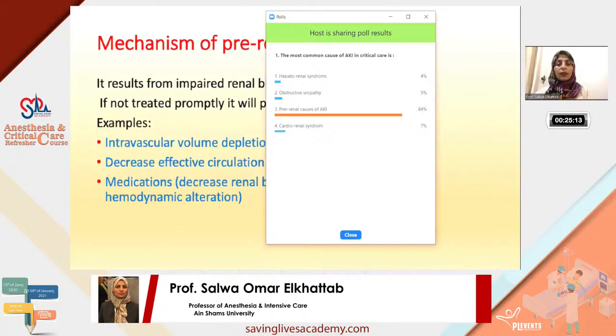Pre-renal AKI can result from impaired renal blood flow, which, if not treated properly and immediately, might proceed to acute tubular necrosis.